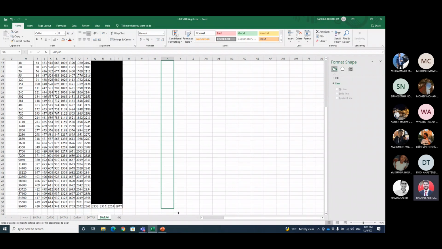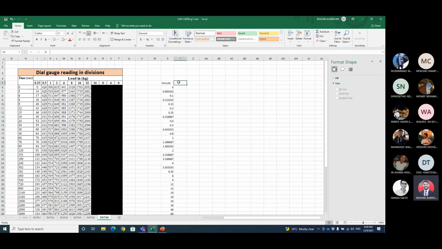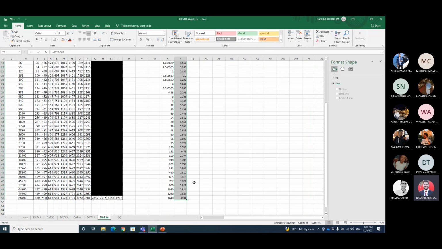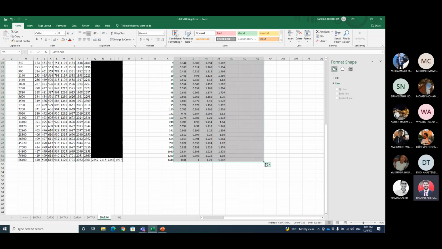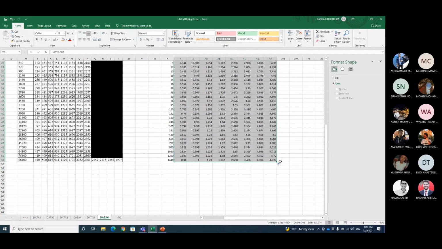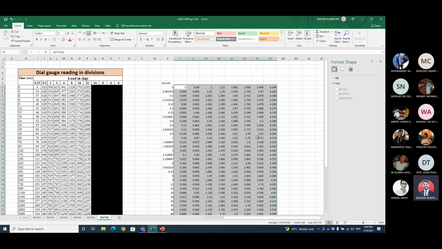Click and drag till the end. Then I need all the loads in millimeters, so I multiply by 0.002. Click and drag, and we do it only for the loading part, up to here.